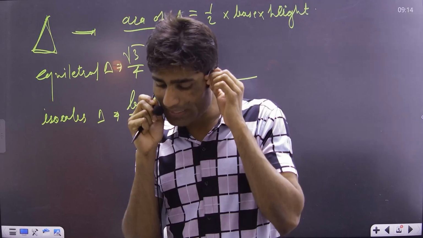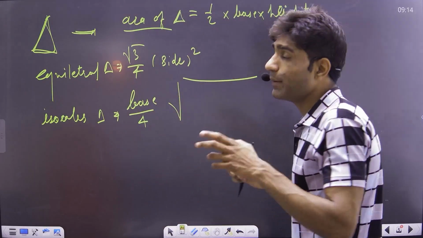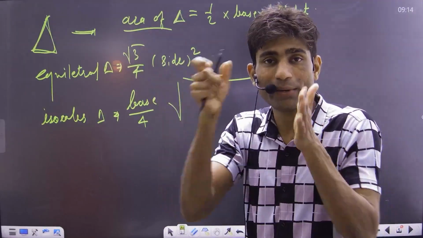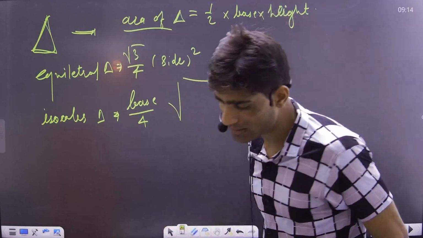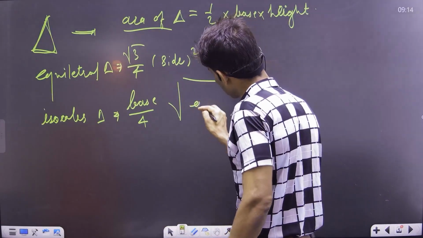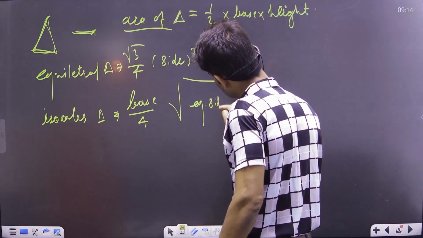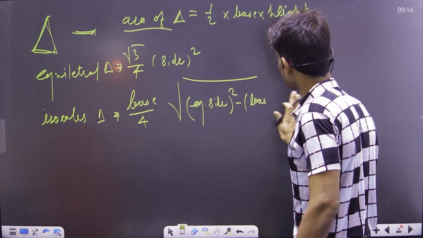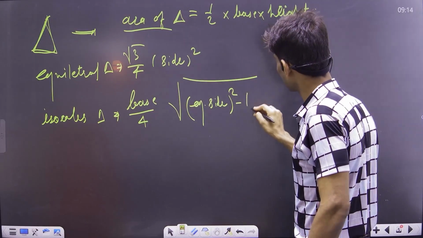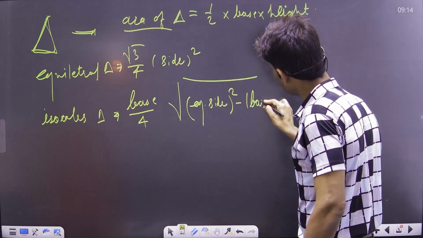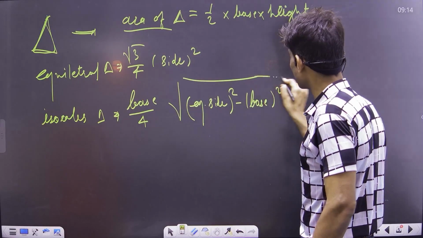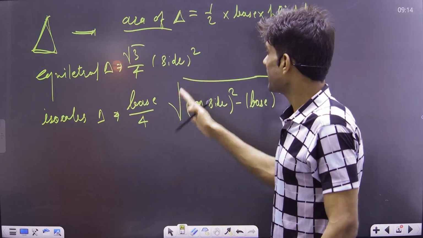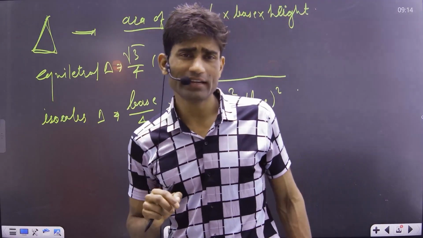Then we write base divided by 4 under square root, 4 times equal side square minus base square. This one is the area of our different triangles.